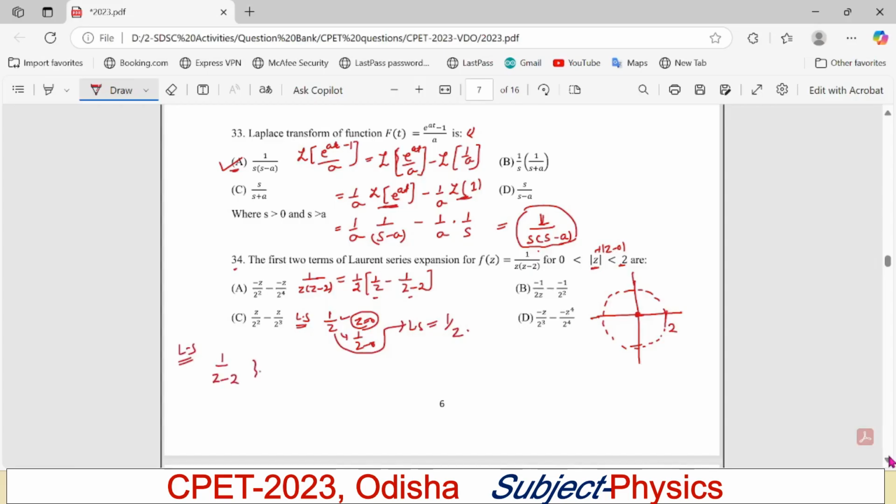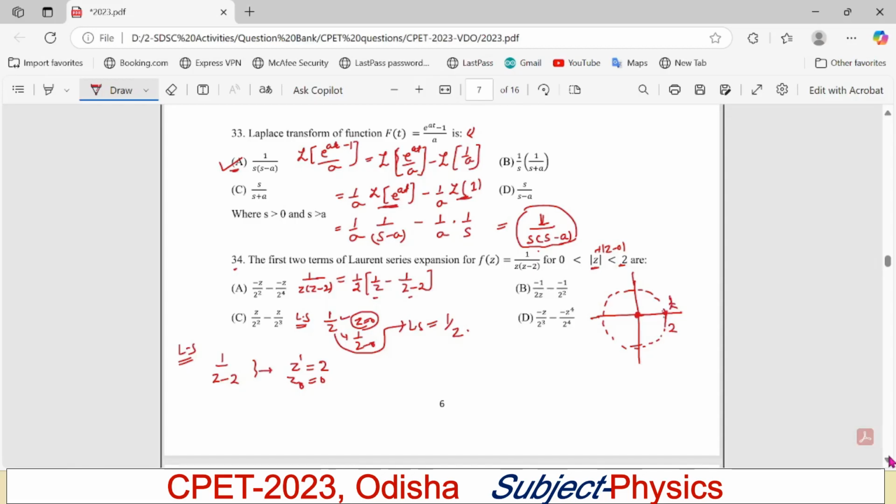For this case, z dash is 2, and z0 always is 0. So z dash means you are standing over here and approaching z0 equal to 0.